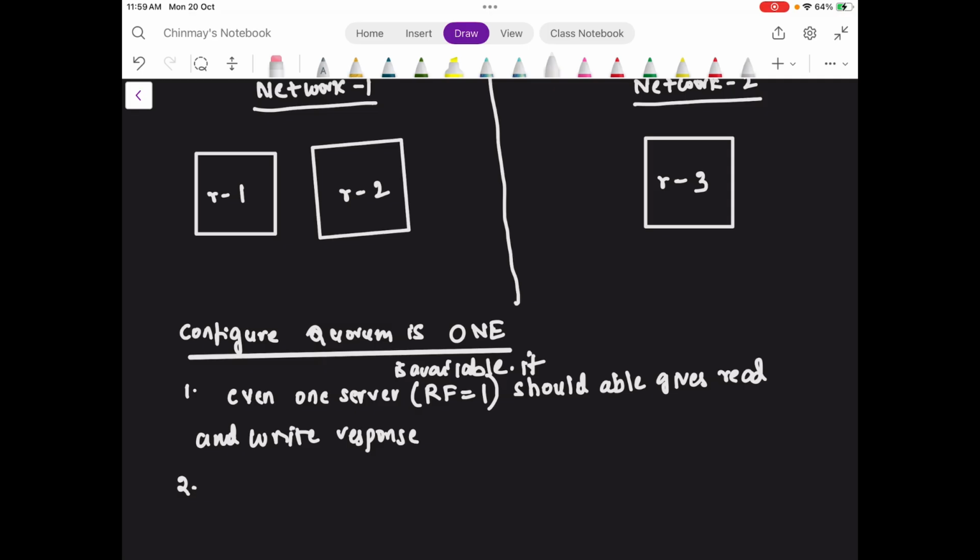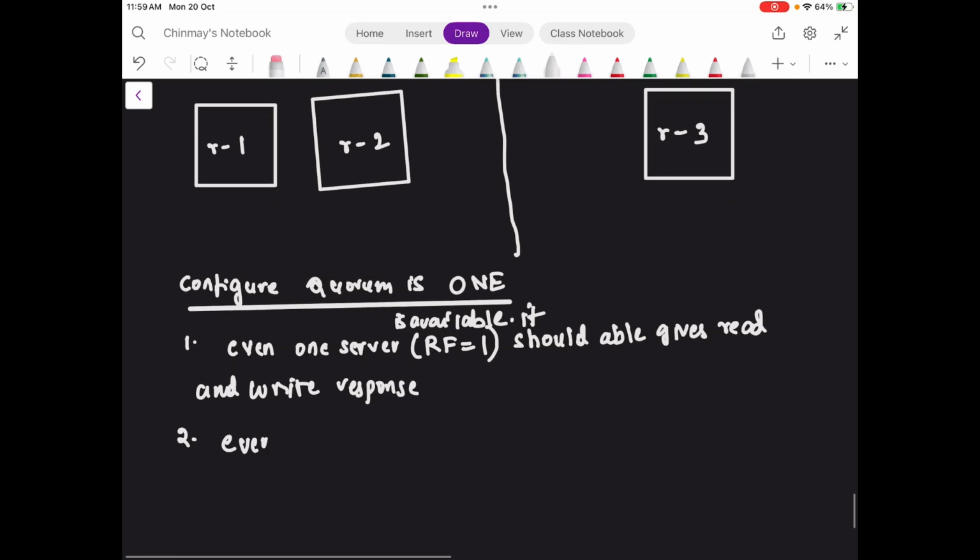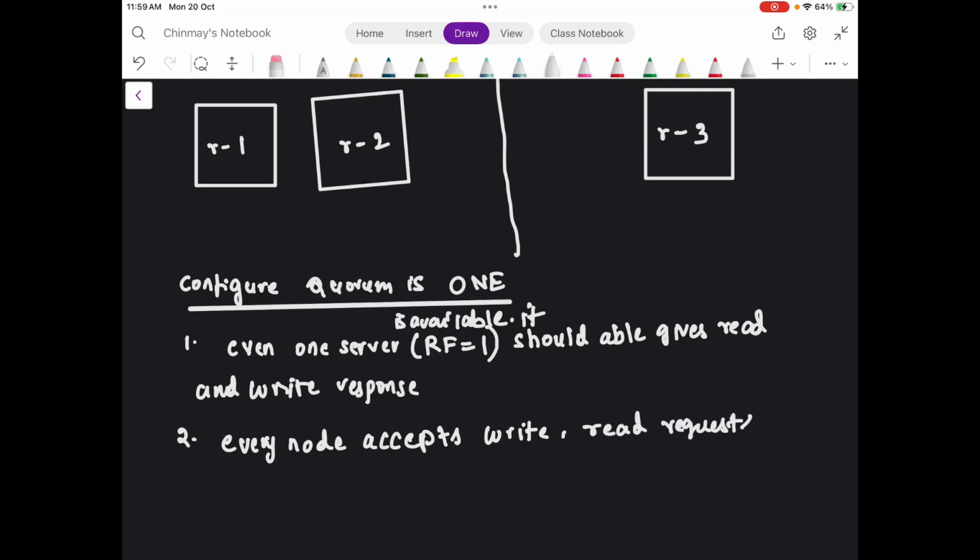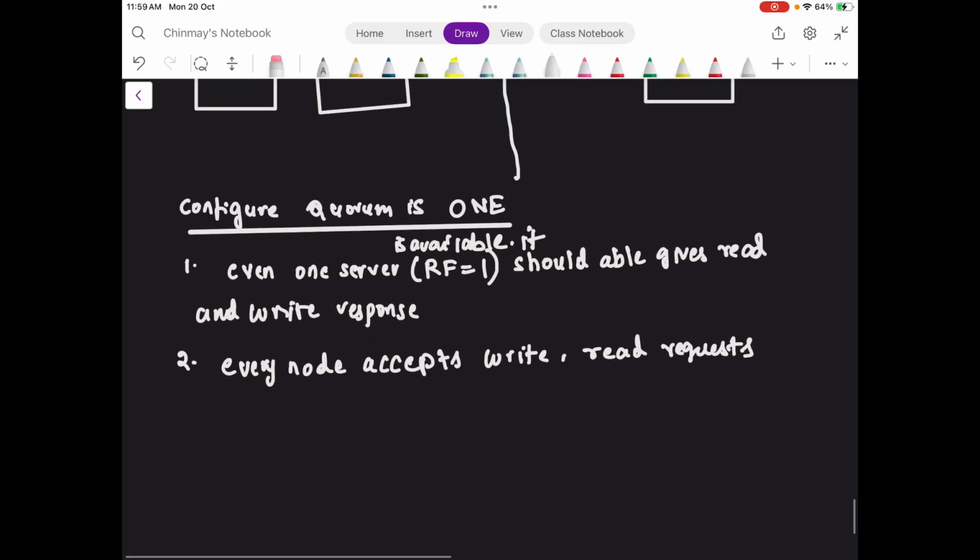Okay, even if one server is available, it should be able to give read and write responses. Similar to MySQL, every node accepts write requests and also read requests. This is the behavior of Cassandra with quorum level 1.